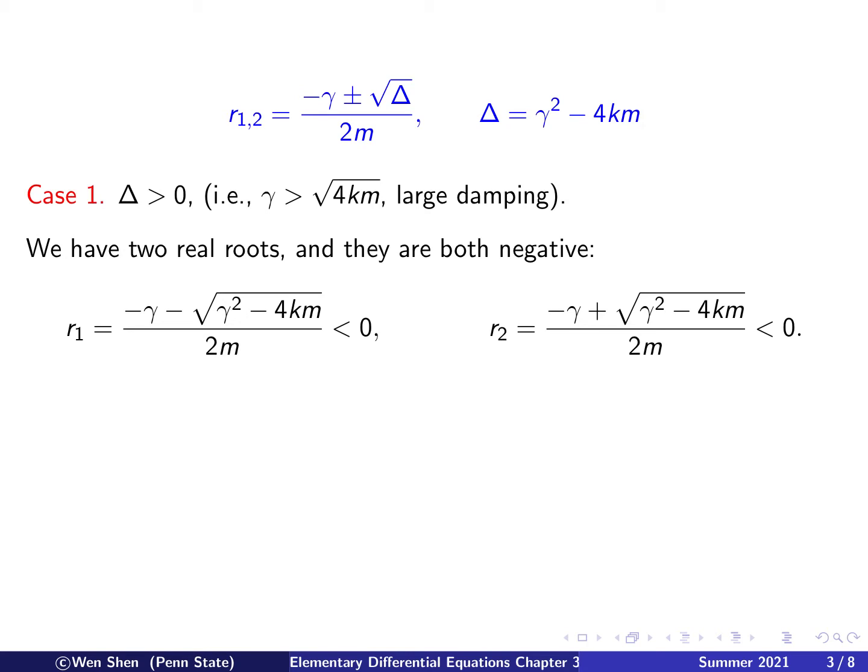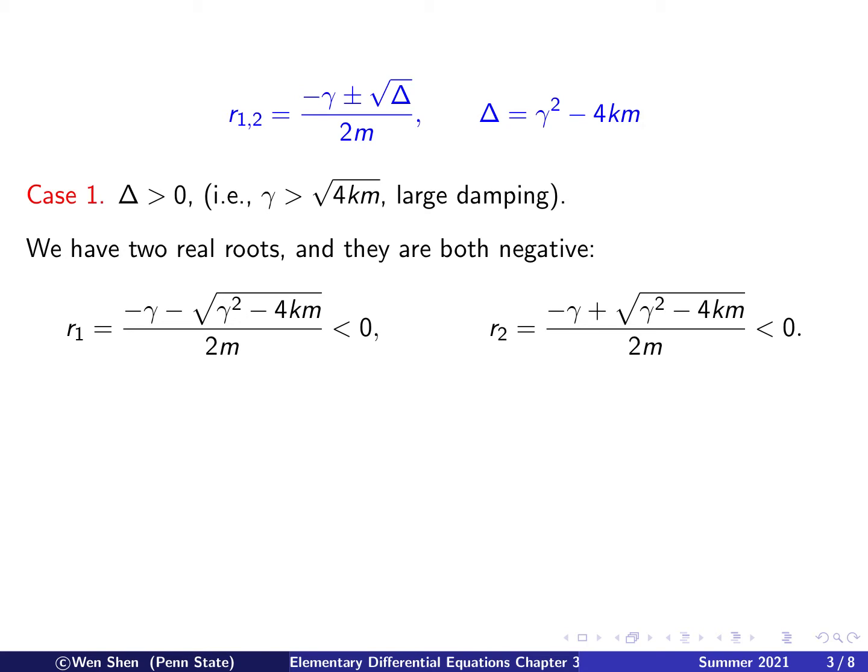And for r2, we have this number, negative gamma is a negative number, but it's plus the positive square root of that term. So can we know for sure the sign of r2, meaning what is negative gamma plus the square root of that? Well, recall our assumption. Gamma squared is strictly bigger than 4km.